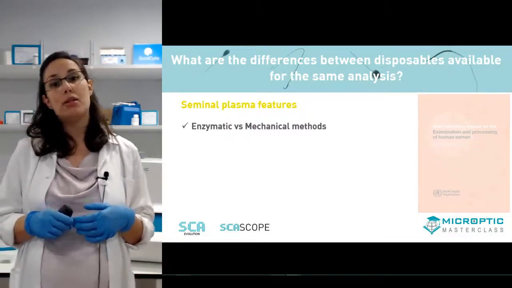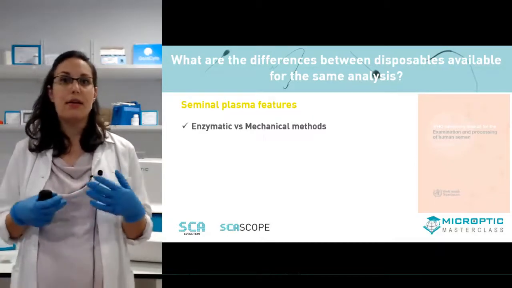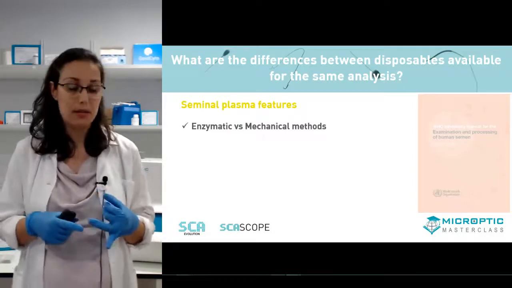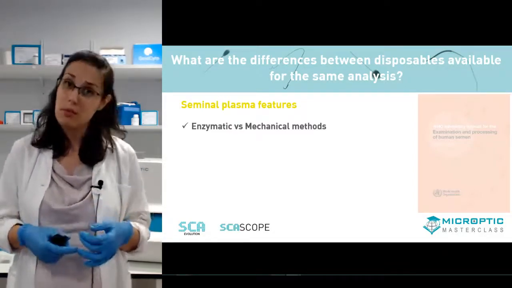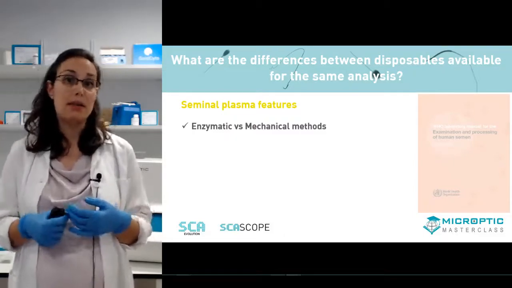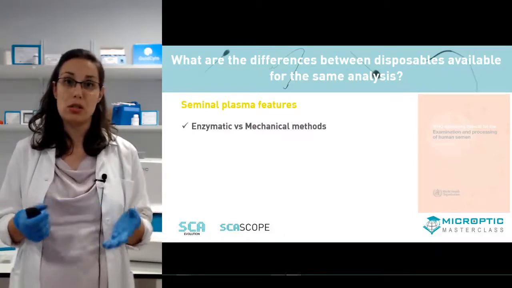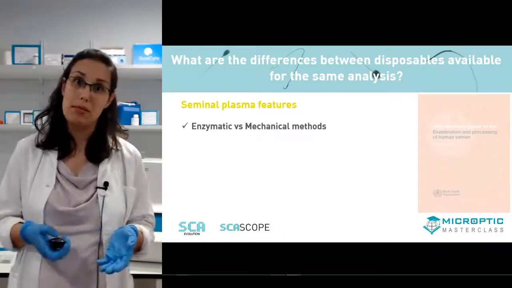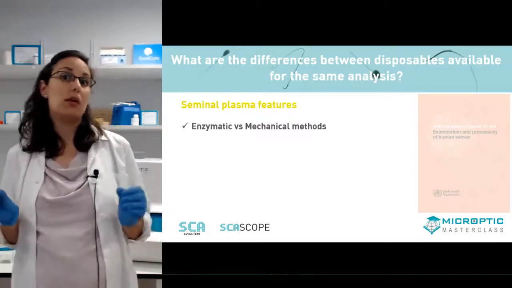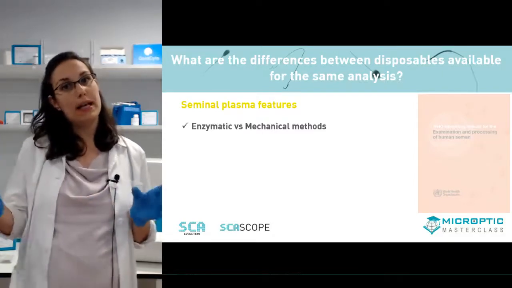But what happens when we are working with pathological samples in which there is no clear liquefaction, the liquefaction process is not complete, or when there are very viscous samples that are very difficult to handle? In those cases, in the market, you will find different profiles of disposables that could solve the problems. We have distinguished two types of profiles: the chemical enzymatic disposables and the mechanical disposables.